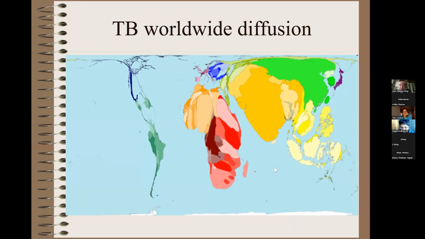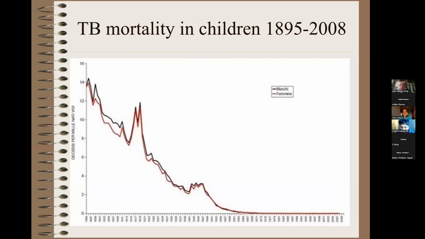About tuberculosis, again, tuberculosis has this kind of diffusion. But it is interesting, this slide showing the mortality in Italian children starting at the end of 1895 to 2010. This was the decrease of incidence of mortality for tuberculosis.